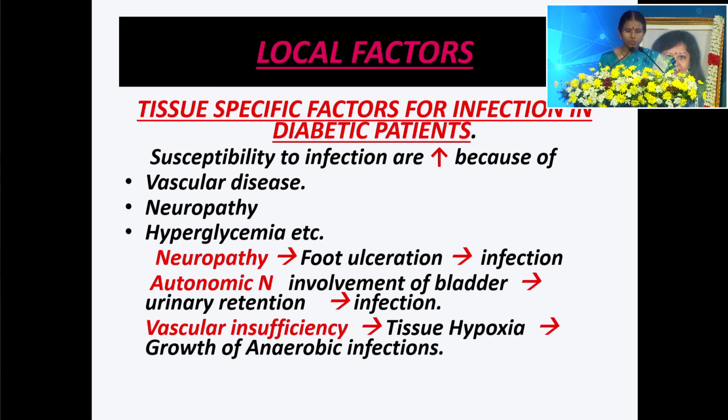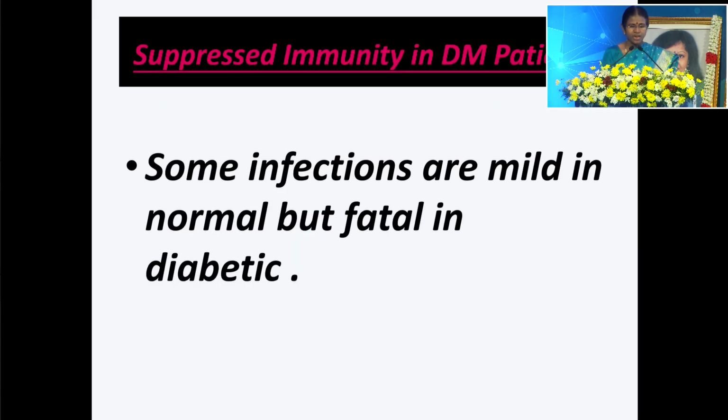And coming to the local factors for aggravation of infection in diabetic patients, the susceptibility to infection is increased, as I said, because of the vascular disease, neuropathy, hyperglycemia, neuropathy causing foot ulceration and infection, autonomic neuropathy involving the bladder where there is stasis, urinary retention and infection, chronic cystitis, and vascular insufficiency causing tissue hypoxia and growth of anaerobic organisms. And some infections are mild and normal. In a diabetic, it happens to be fatal.